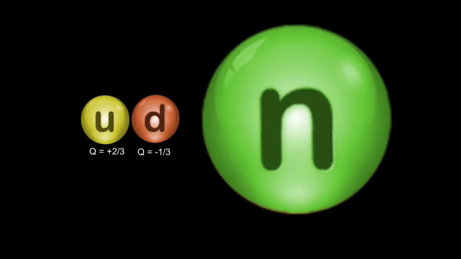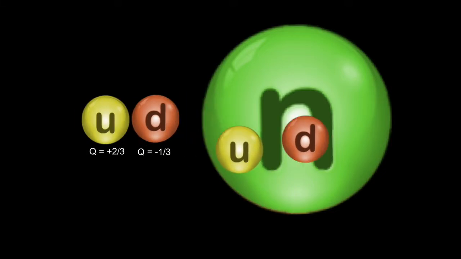And to construct the neutron, again we take an up and a down, and this time we pick another down for the top position, we create something that has zero charge, in other words a neutral particle. So the proton is then UUD, and the neutron will then be DDU.